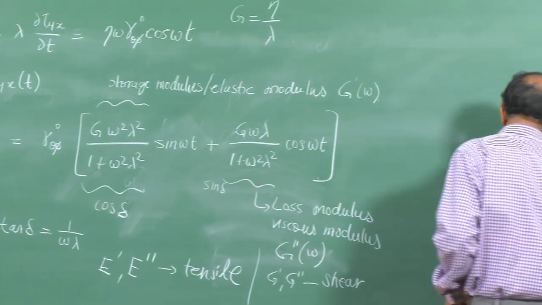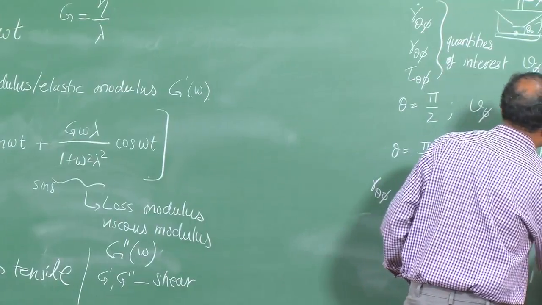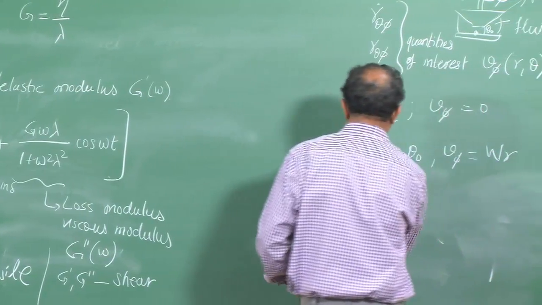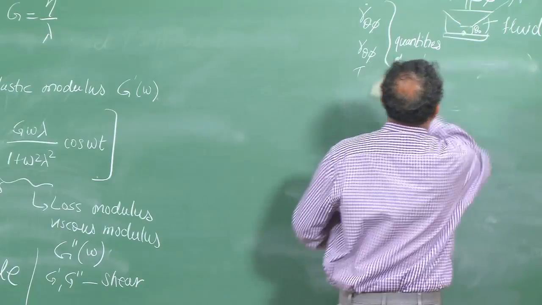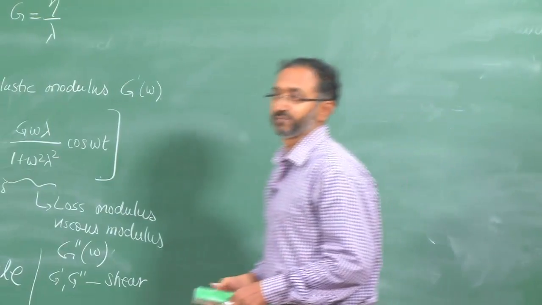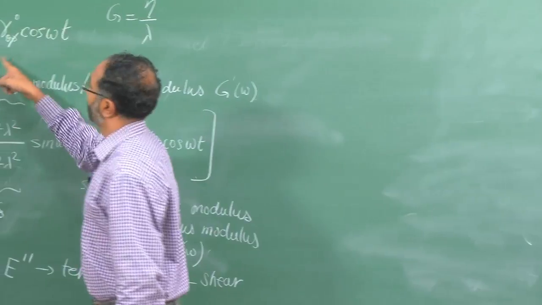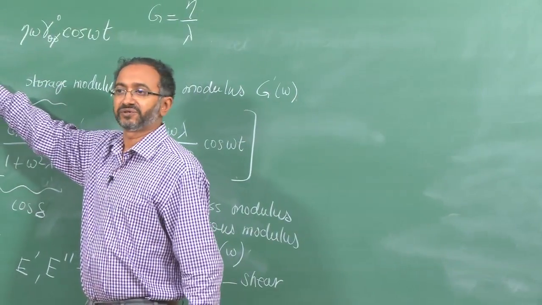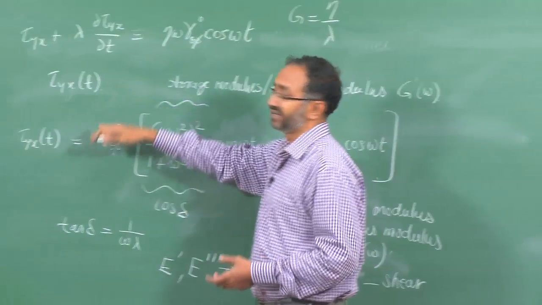And these are again material functions because they are functions of frequency. Given that we have the storage and loss modulus for a material, we can find its overall viscoelastic response, because in the end, for the governing equation of viscoelasticity, we have substituted the mechanical stimulus and solved and got this response.